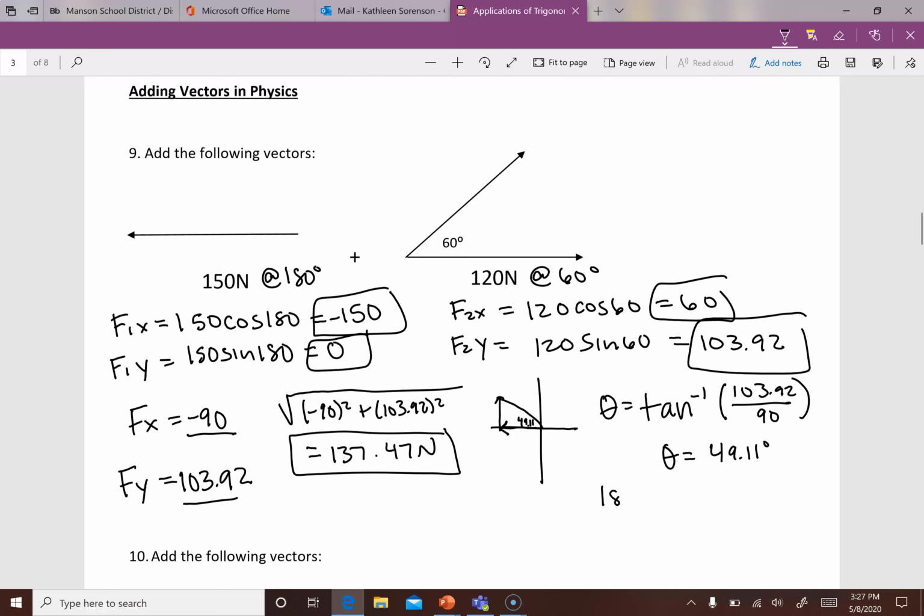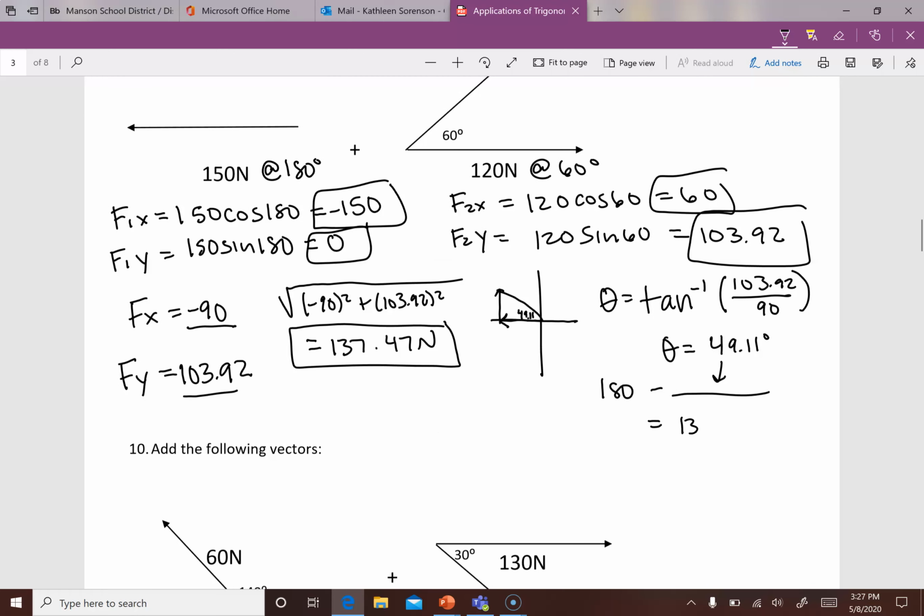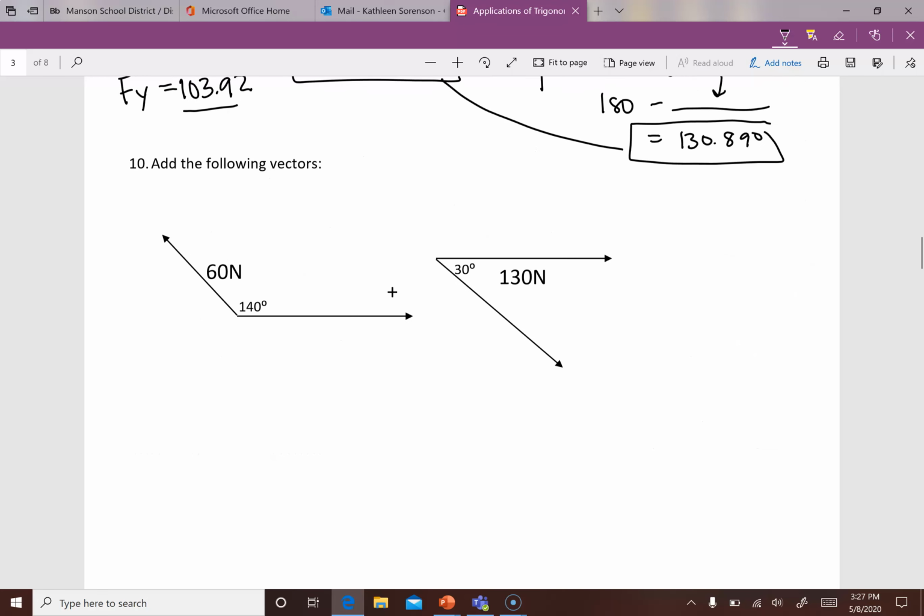So I have to do 180 minus 49.11, and I get 130.89 degrees. So we've got both our magnitude and our direction. Just make sure you're looking at the right quadrant.